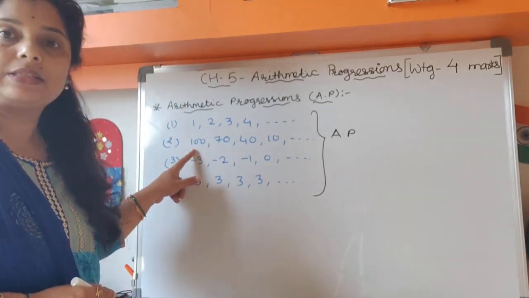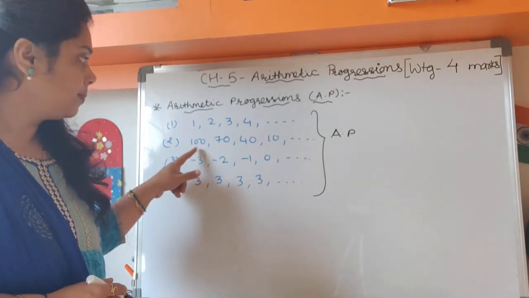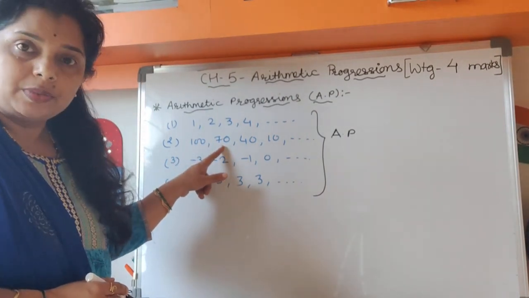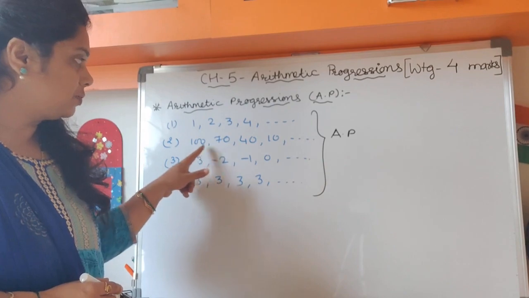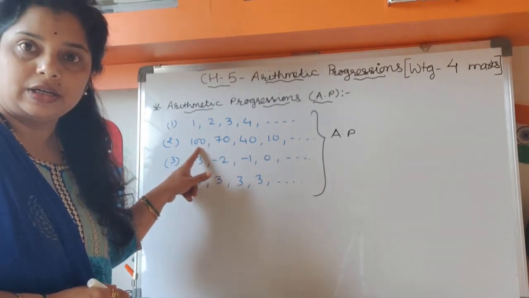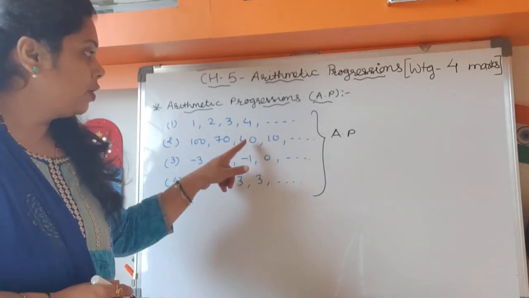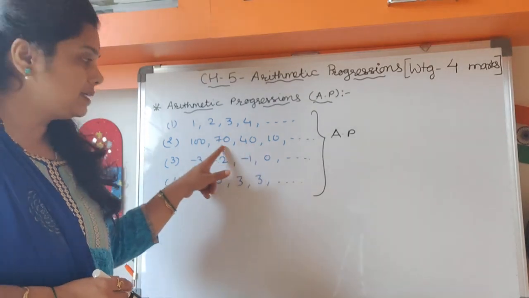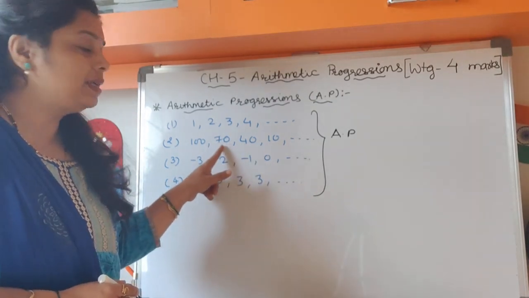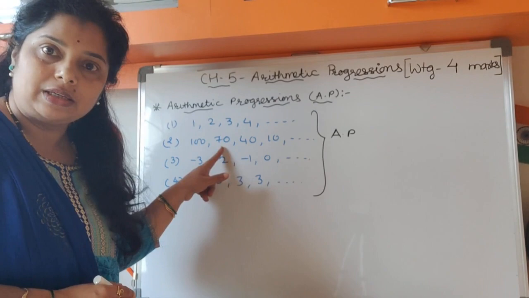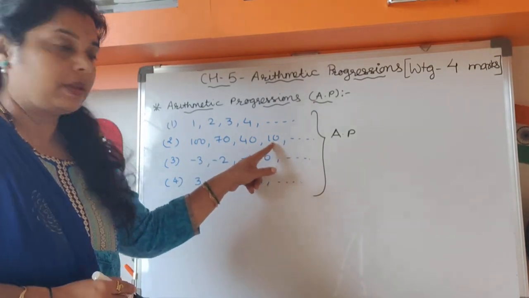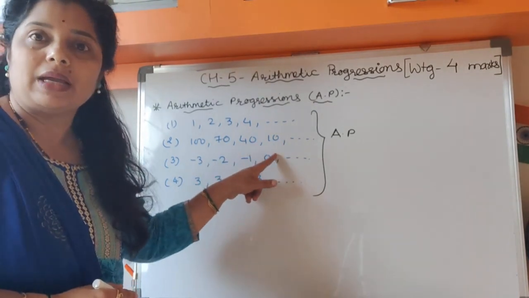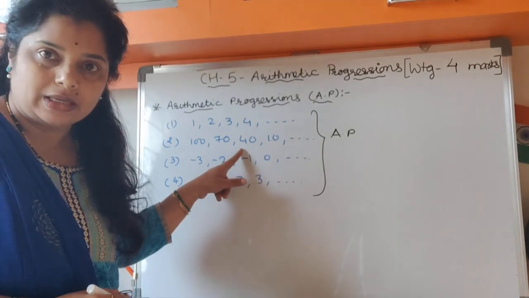Similarly, if you take the second example, the difference between the second term and first term, 70 minus 100, is minus 30. Third term minus second term, 40 minus 70, is minus 30. Fourth term minus third term, 10 minus 40, again is minus 30.